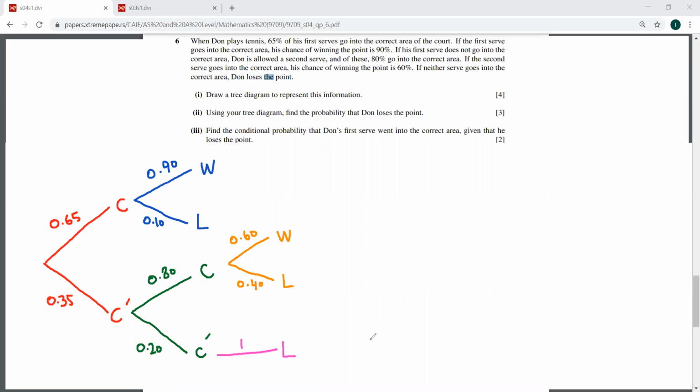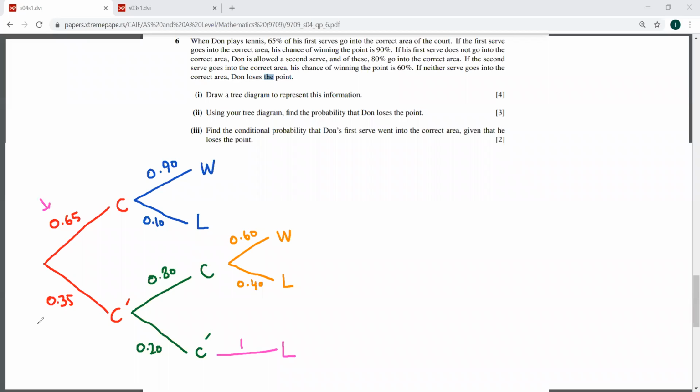Sir, there was a little confusion about the winning and losing part, but then when I drew it, it became clear. So you see that he was only giving you the probability of winning, so you have to assume yourself that losing would be 1 minus that. In the very first line it says 65% of his first serves go into the correct area, so we have written 0.65 here.